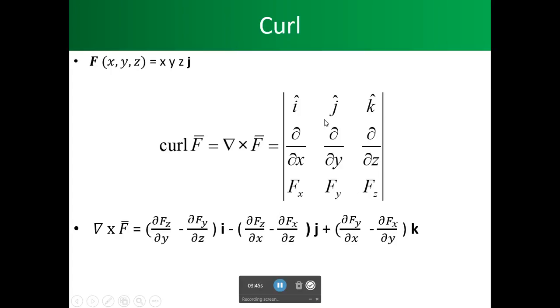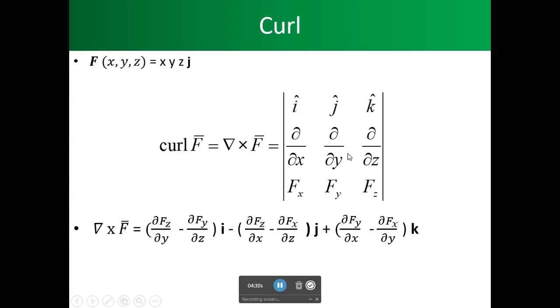Minus, we blot out the j, and we have the partial of the z component of f with respect to x, minus the partial of the x component with respect to z. That gives us our j component.